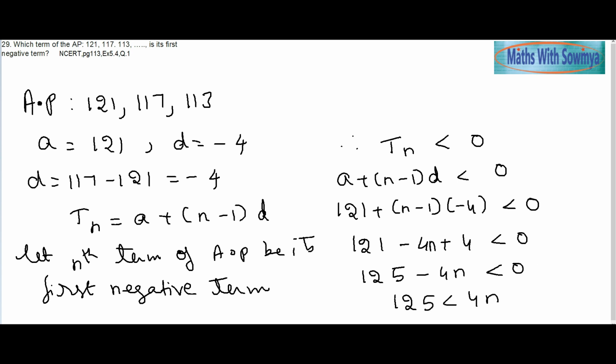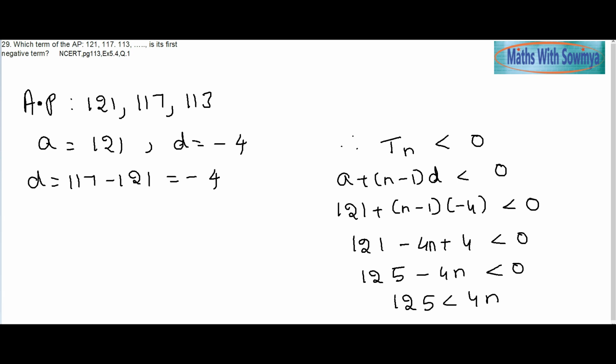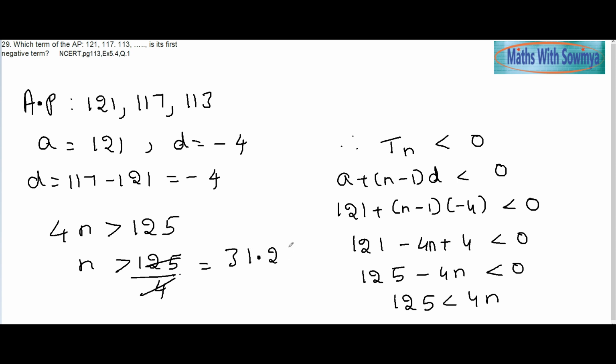So obviously when I interchange the values, suppose I say 2 is less than 3, if I interchange and put 3 here and 2 here, what happens? 3 is greater than 2. The sign changes here. So the same thing we apply here: if I interchange, 4n will become greater than 125. n is greater than 125 by 4, so this will give me 31.25.